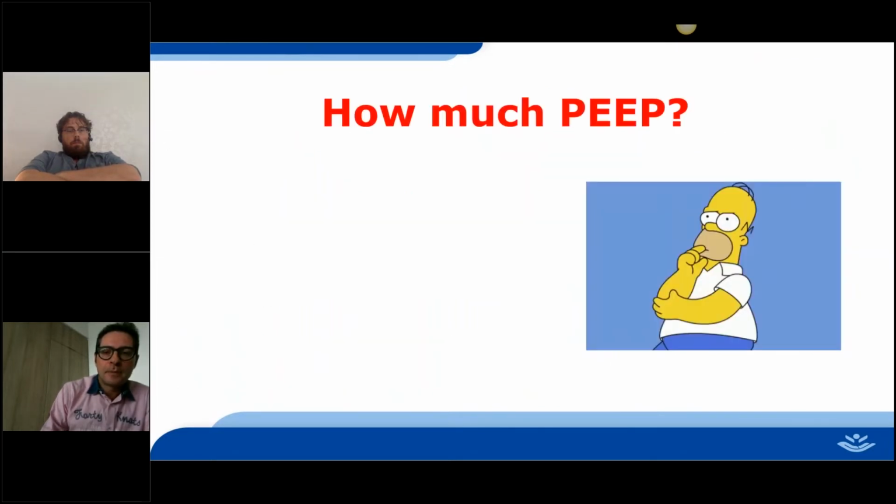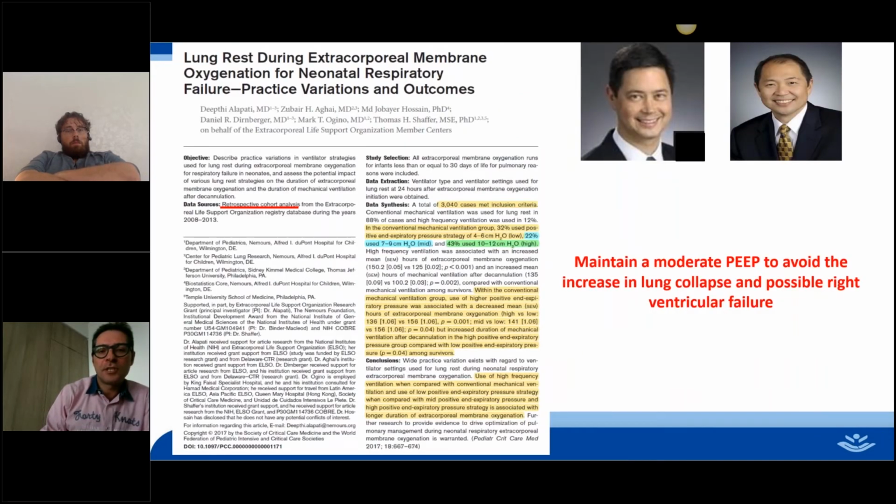How much PEEP? This is another interesting question. EuroELSO suggests to stay between 6 and 8, so a moderate PEEP. We have some physiological data in children.